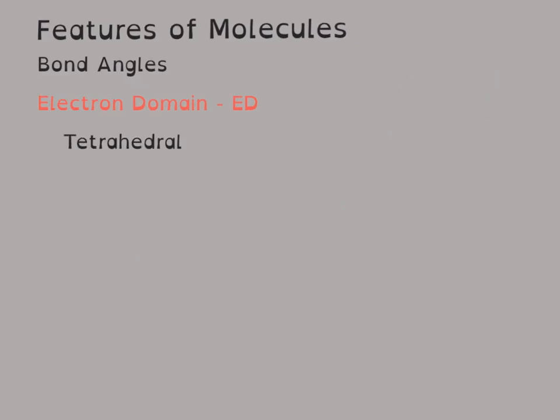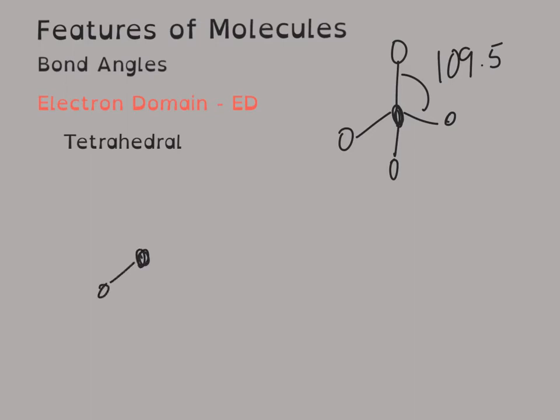Here in tetrahedral, we typically have four things bonded to the center, and the bond angle is 109.5 when they're filled with four elements. Whenever you have a trigonal pyramidal, meaning that you have replaced one of the bonds with a lone pair, your bond angle reduces to 107 degrees.